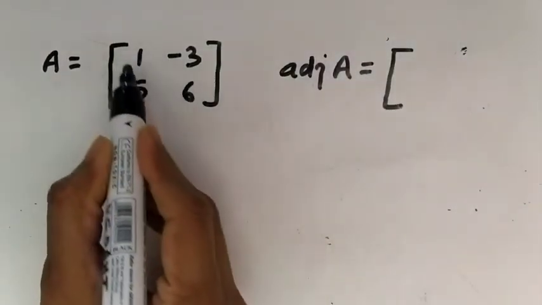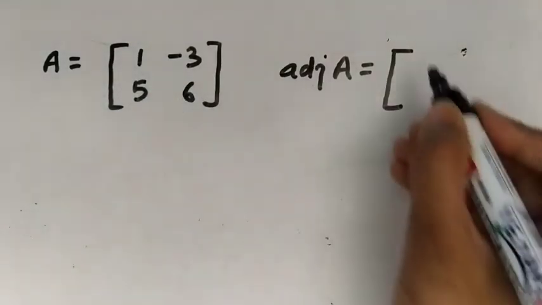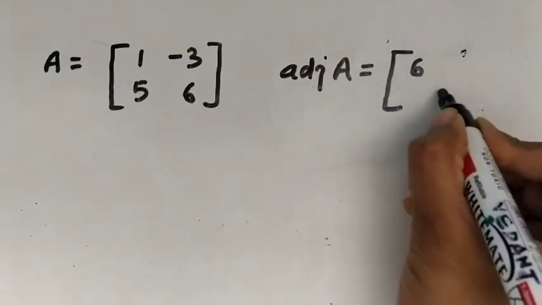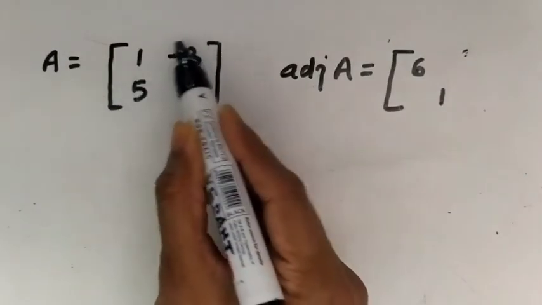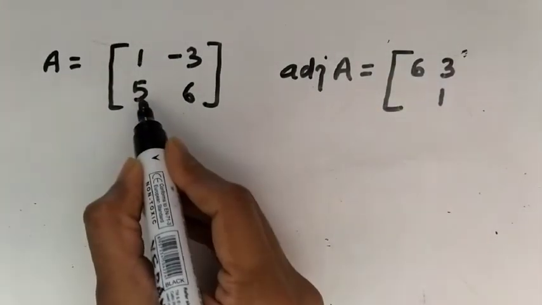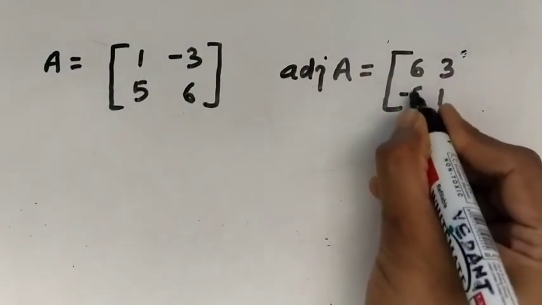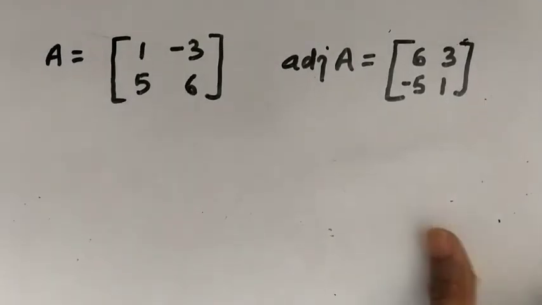First of all, interchange position of diagonal elements. So here we will write 6, here we will write 1, and now change the sign of non-diagonal element. So this is minus 3, it will be 3, it is 5, so it will be minus 5. So students, it's very simple and you can very easily find out adjoint of a square matrix A without finding cofactors.